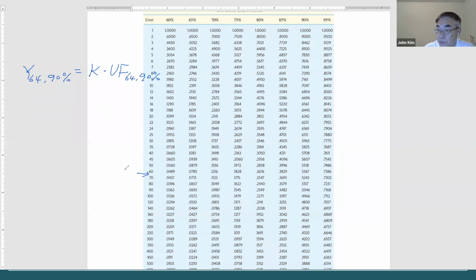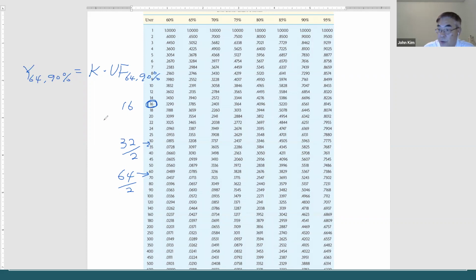What can we do if we cannot find the unit number from the chart? I said divide by 2. So divide by 2, that is 32. Still we cannot find. Then again divide by 2, then that is 16. Yes, we can find.